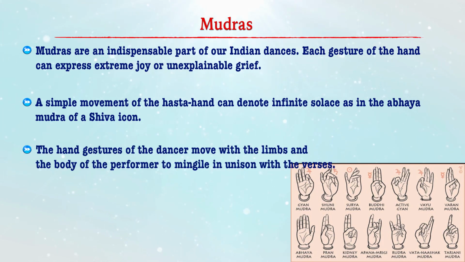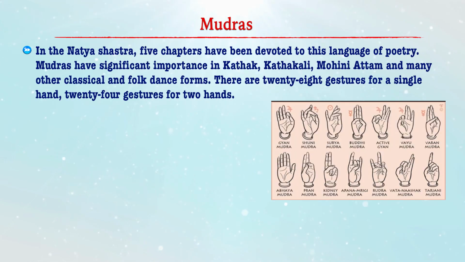The hand gestures of the dancers move with the limbs, and the body of the performer mingles with the verses. In the Natya Shastra, 5 chapters have been devoted to this language of mudra. Mudras have significant importance in Kathak, Kathakali, Mohini Attam and many other classical and folk dance forms.